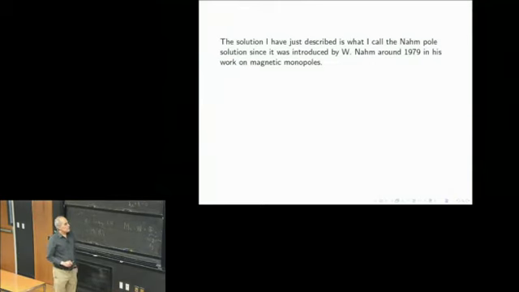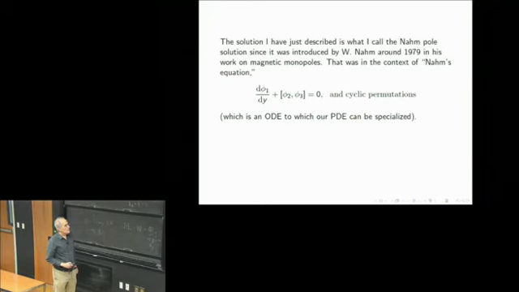I call this solution the Nahm pole solution because it was introduced by Werner Nahm around 1979 in his work on magnetic monopoles. That was in the context of Nahm's equations. So he was studying an ODE, but it was an ODE for 3 matrices. We're in 4 dimensions, but if we drop the dependence on 3 of the coordinates and also set some of the fields to 0, then our equations can be specialized to Nahm's equations.